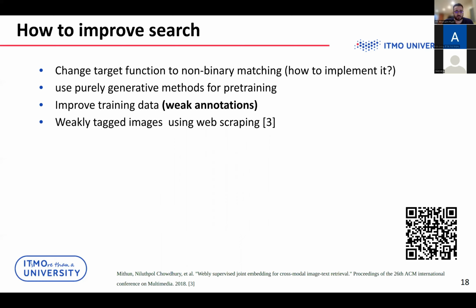The second approach that we might take is similar to what we saw in this seminar, where we use purely generative methods for pre-training. If we try to regenerate the caption and regenerate the image, we can train a very good model, and this would have the ambiguity embedded into it. The third approach that we can take is to use some kind of weak annotations.